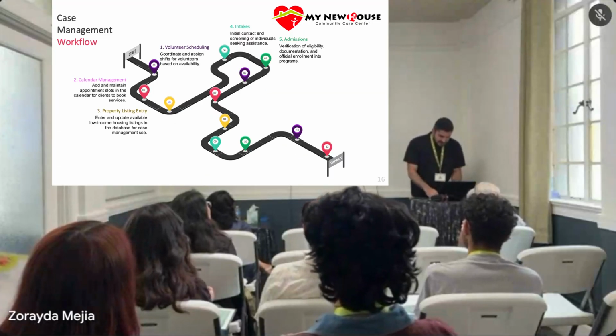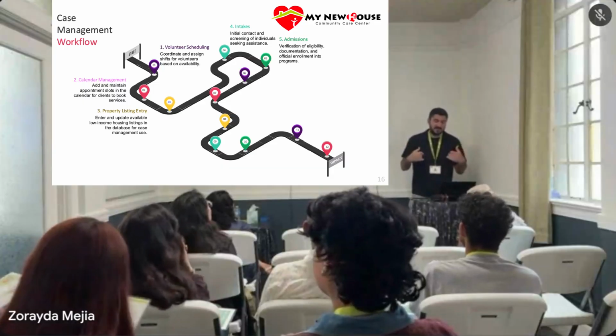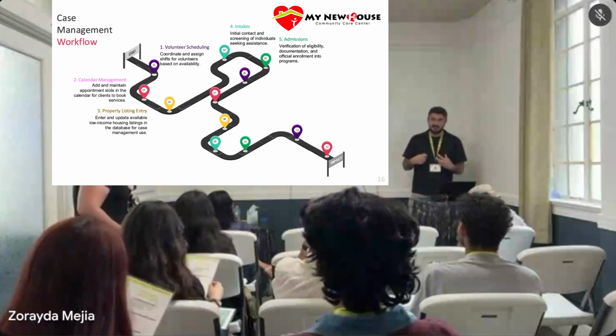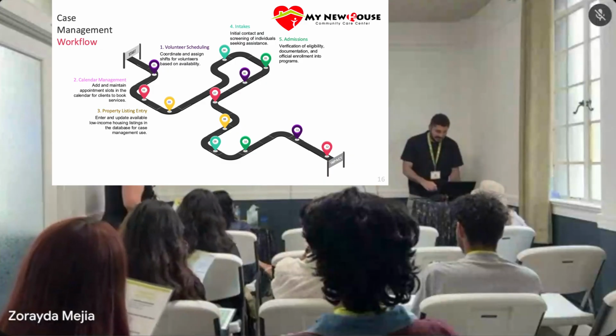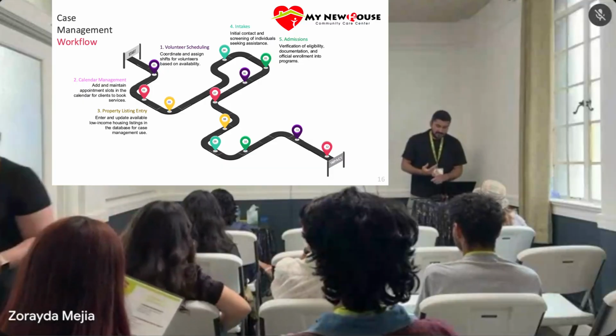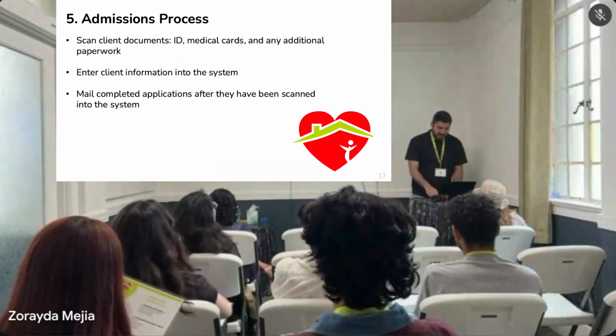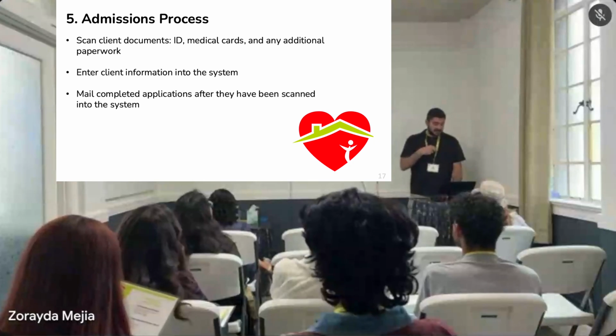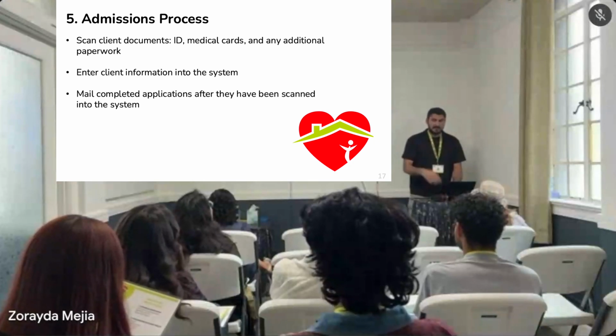Okay, next step is admissions. This is actually a back end one that's thrown in the mix, like when we get some of the documents from the client, we scan them into our system and stuff. So this is verification of eligibility, documentation, and official enrollment into the program. One of the things they do is scan the client documents like ID, medical cards, and additional paperwork, like pay stubs.